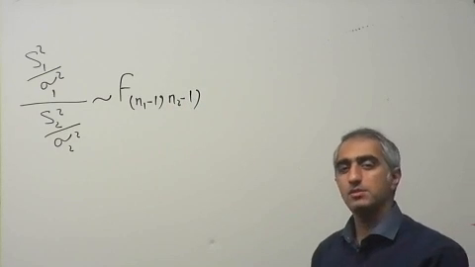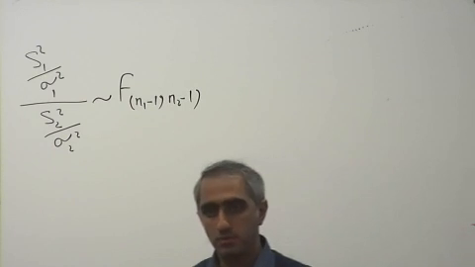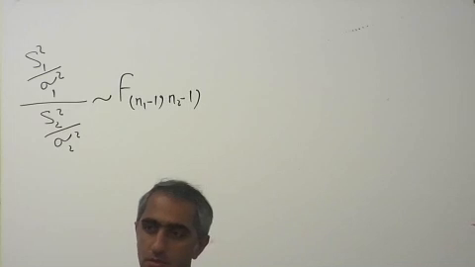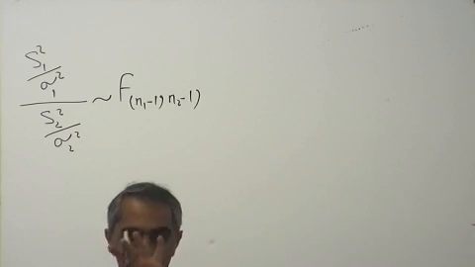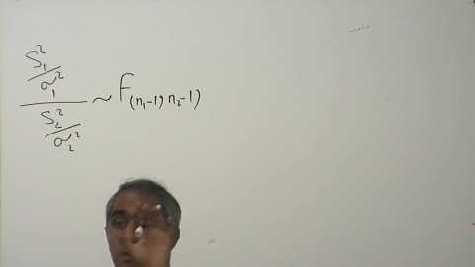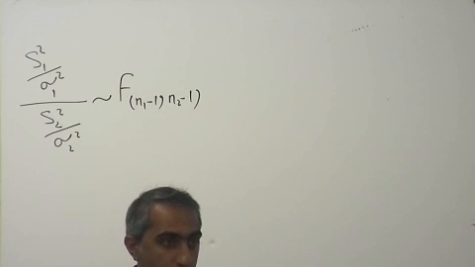And it's very easy to show that. Do you remember the definition of the F distribution? How can we get an F distribution? Chi squared divided by degrees of freedom, another chi squared divided by degrees of freedom.